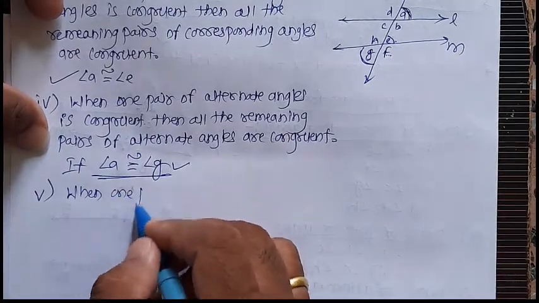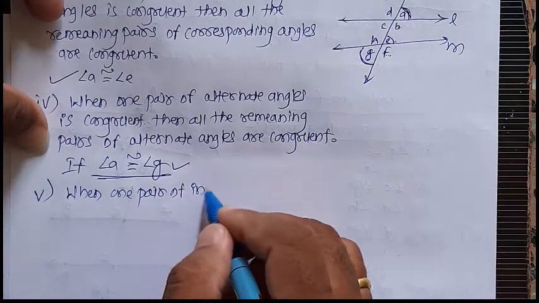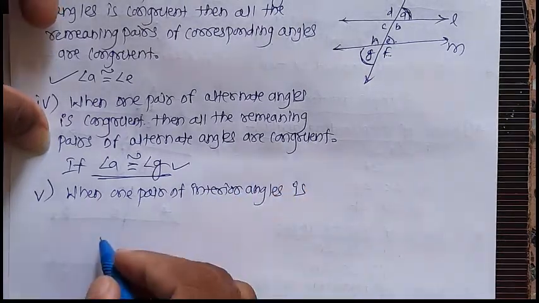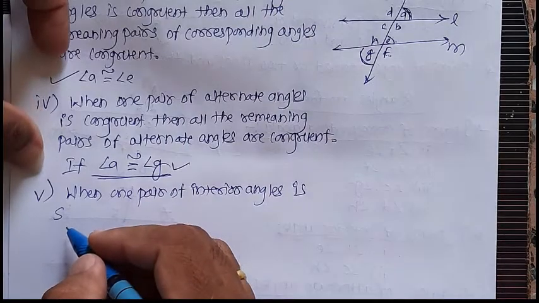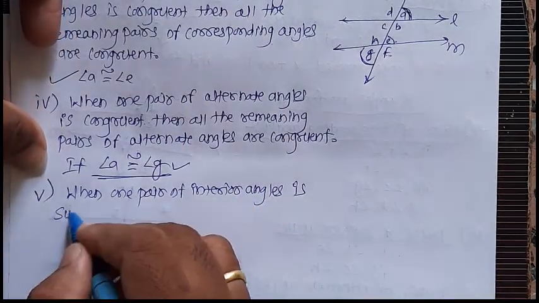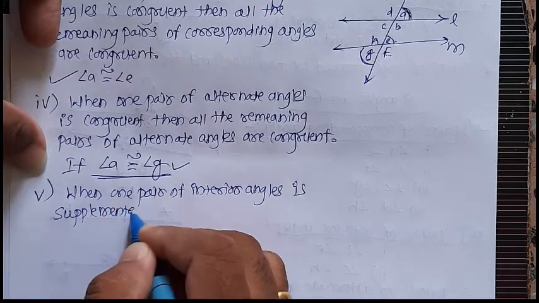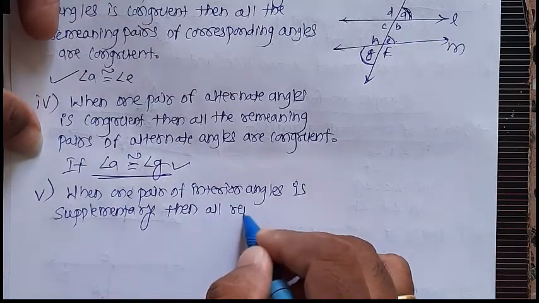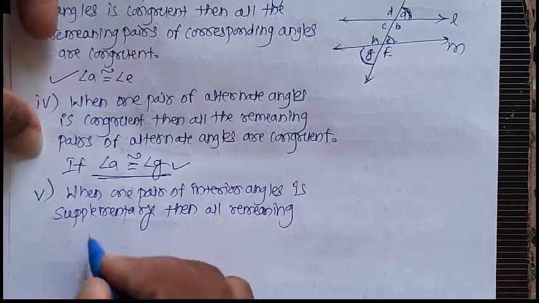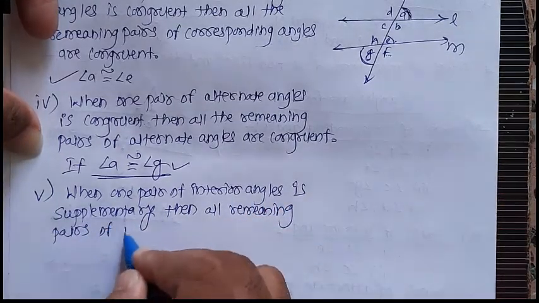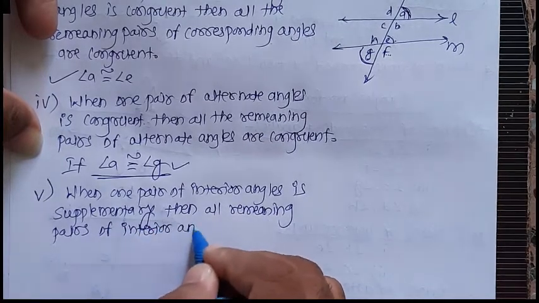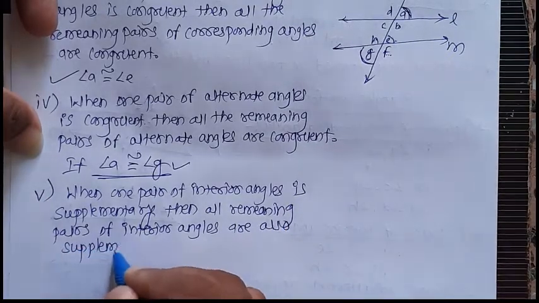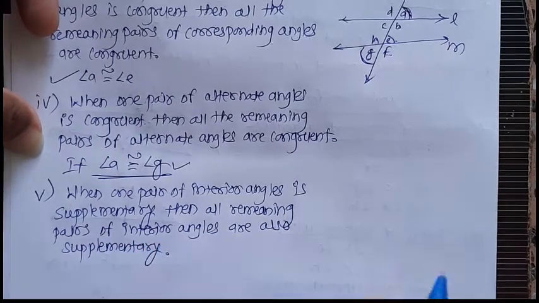When one pair of interior angles is supplementary, then all the remaining pairs of interior angles are also supplementary. So this is the property.